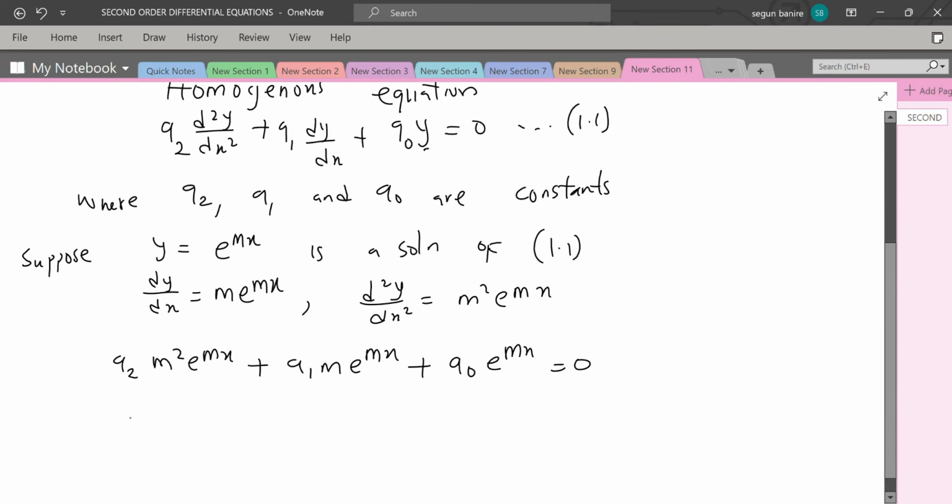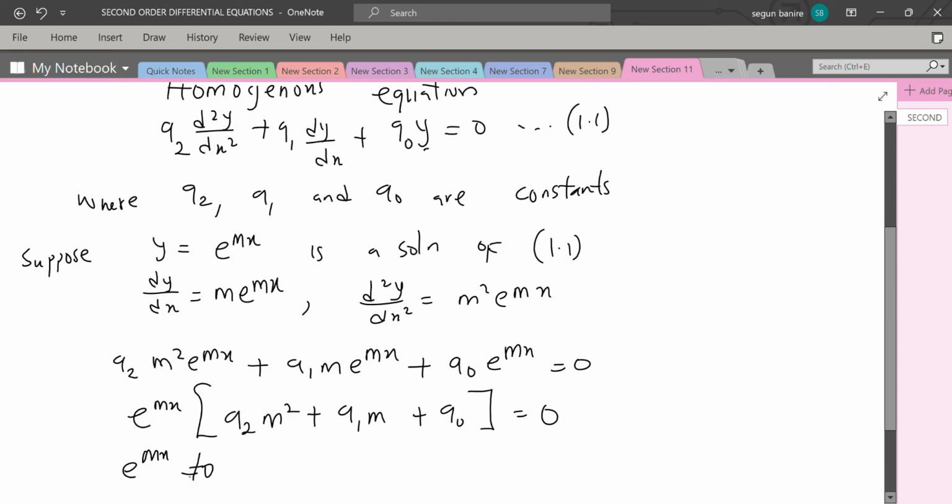Now something is common, e to the mx. If you bring it out, you have (a2 m squared plus a1 m plus a0) e to the mx equals 0. Exponential functions are never 0.